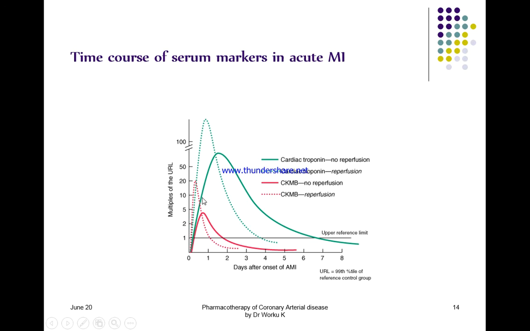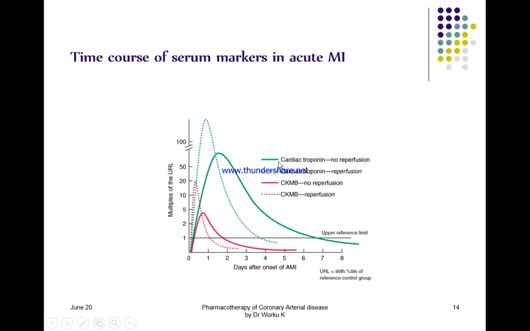For example, here the dotted line is for cardiac troponin with reperfusion, which will reach its peak within a short period of time and return to normal within a short period of time. But if there is no reperfusion, the solid line, it will stay for a long period of time.